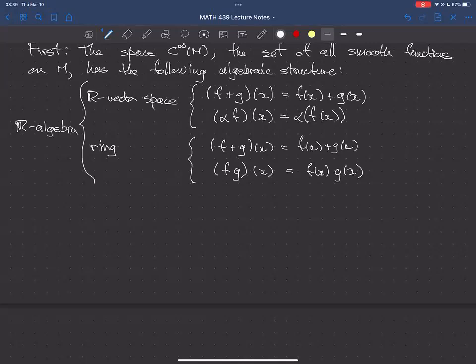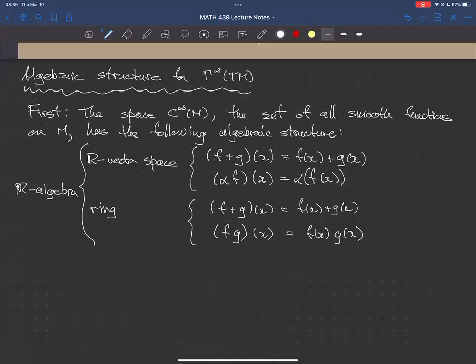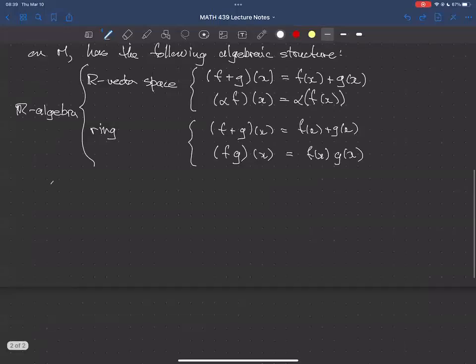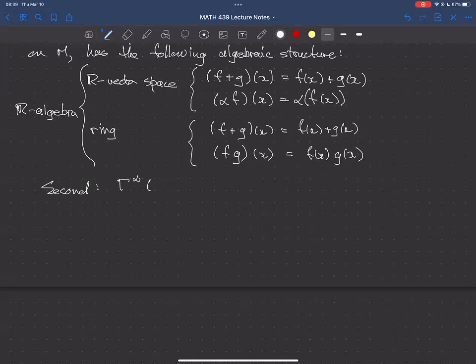Now, what about vector spaces? So we've now put some algebraic structure on the space of smooth functions. Now let's look at algebraic structure on the space of vector fields, gamma infinity of Tm, which is the space of smooth vector fields on M. That also has some algebraic structure.